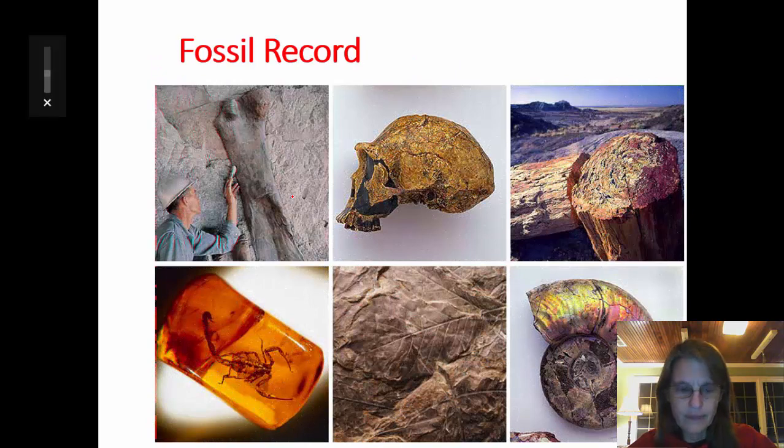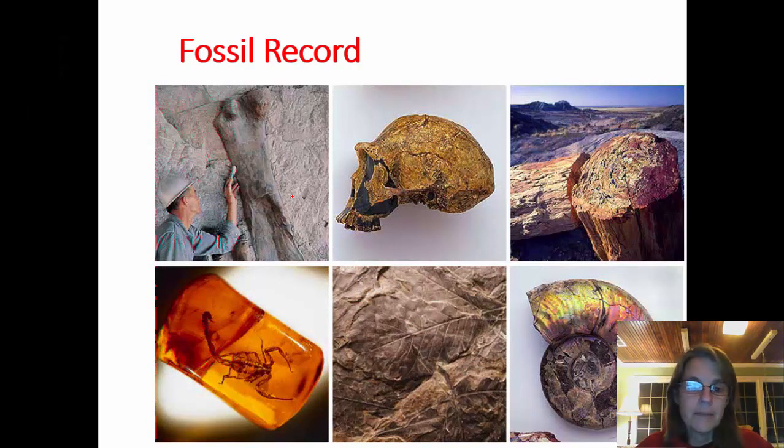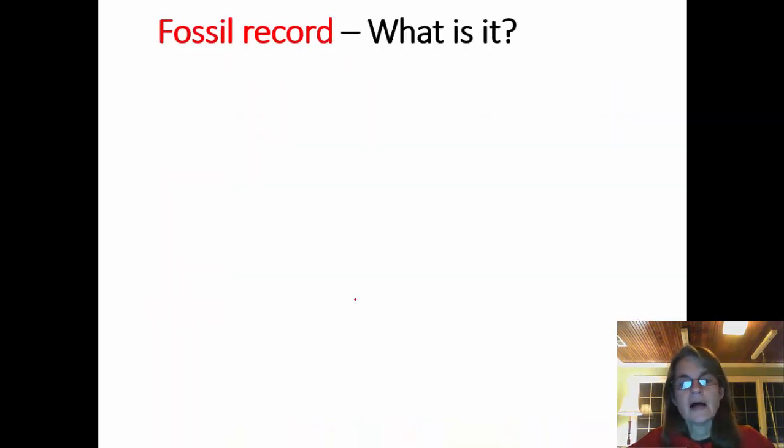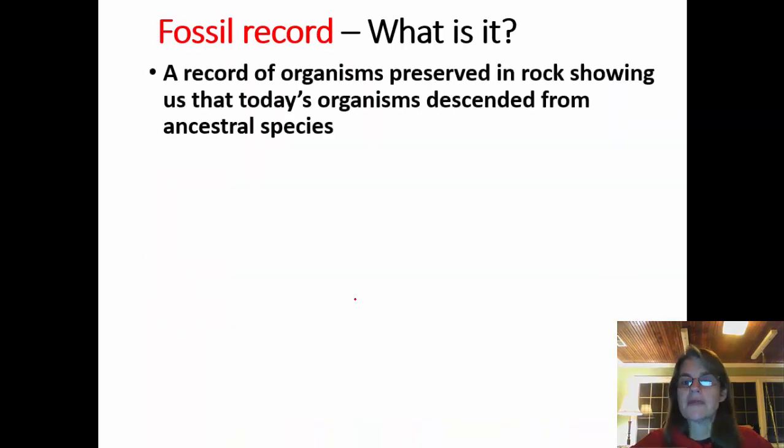Now, fossils, as you know, are bits of evidence of living things preserved in rock, whether they are bone or actual creatures preserved in amber, or impressions of organisms, like these impressions of leaves left in rock. Any of those things counts as a fossil. So what is the fossil record then?